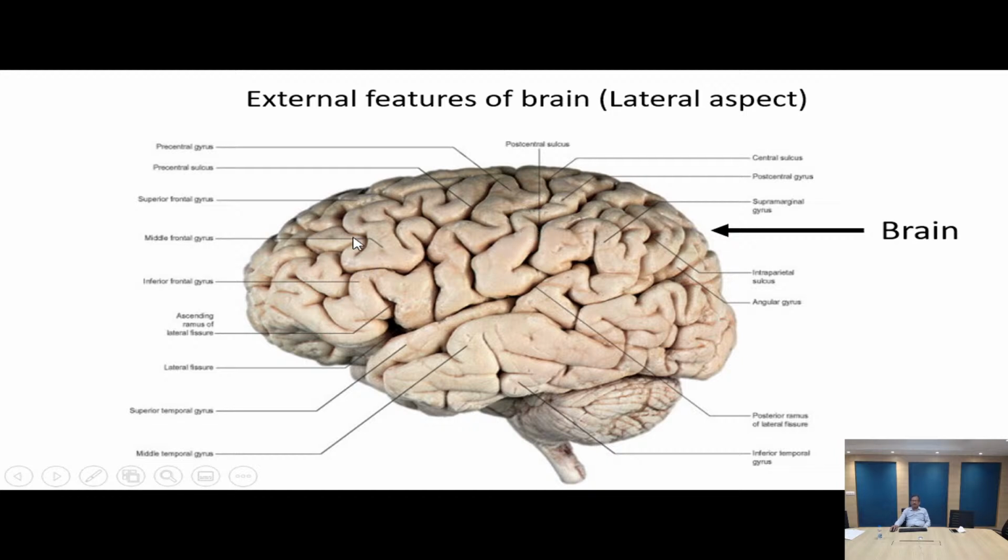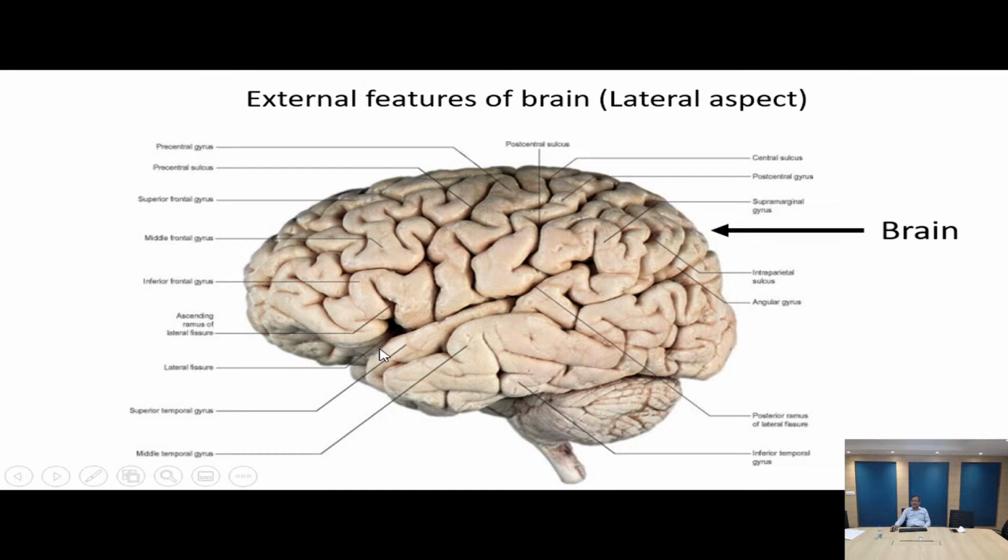Because the growth of this cerebral cortex was much more than the underlying white matter, it became folded, in a very complicated manner, but also in a very uniform manner. Why do I say uniform?